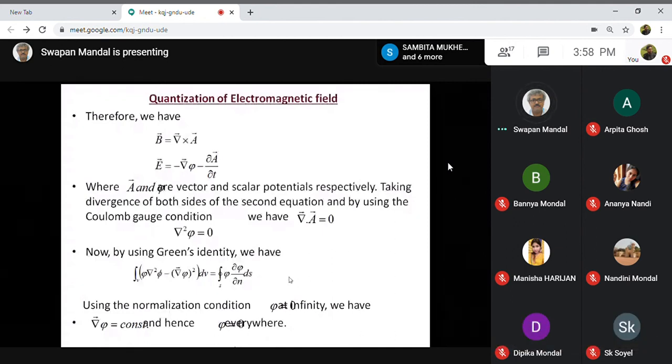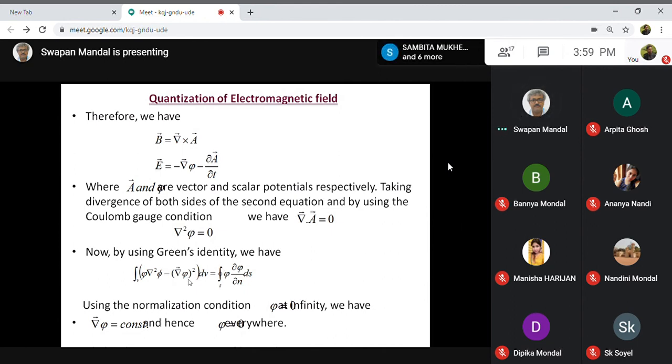Okay, the constant means it does not depend on space, brother, isn't it? Because you are integrating over space. Anyway, grad phi is equal to constant. Just one thing, grad phi is constant everywhere in the space basically.